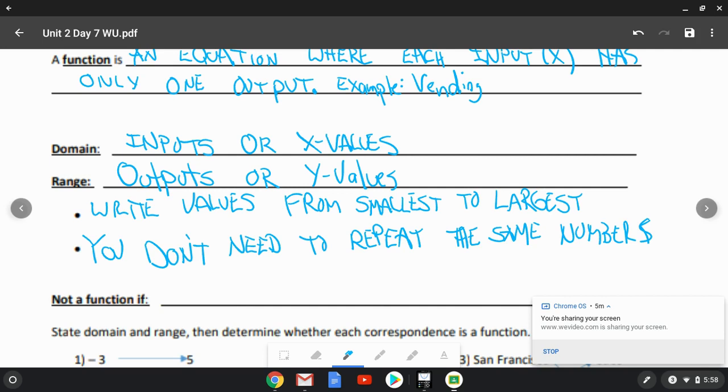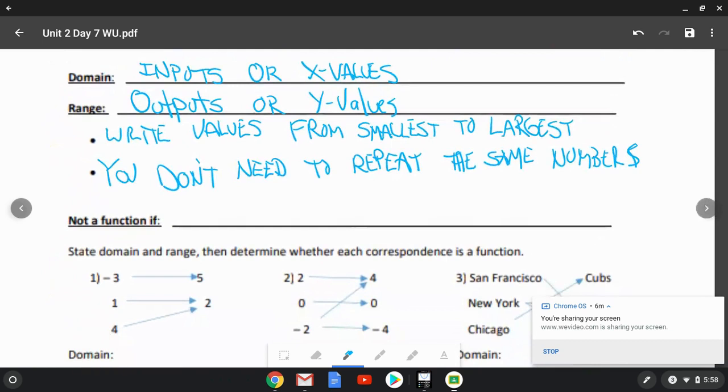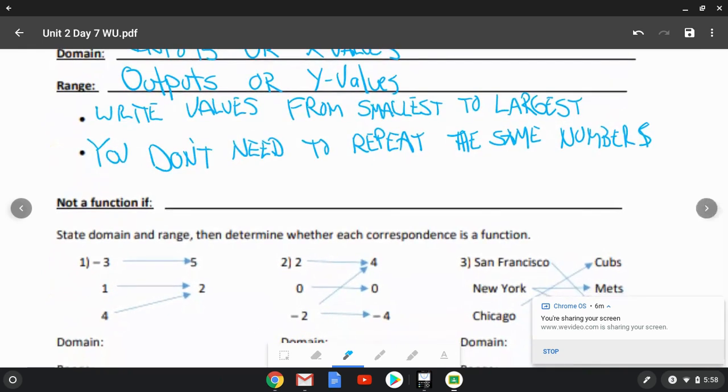So here's a key part of whether it's a function or not. It's not a function if the input, so that would be your x value typically, or the number that you plug in first, is connected to two outputs.